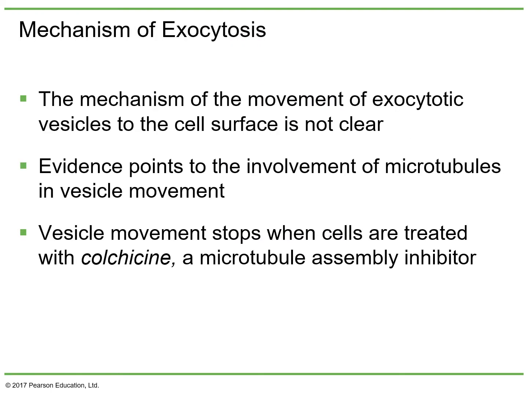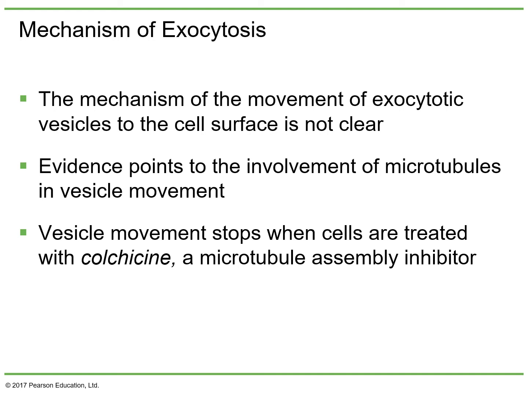The mechanism underlying the movement of exocytic vesicles to the cell surface is not really that clear. What we know is that there is involvement of microtubules in vesicle movement. For example, in some cells, the vesicles appear to move from the Golgi complex towards the plasma membrane, following the tracks made by microtubules that are oriented in a parallel manner, directed towards the vesicle movement.